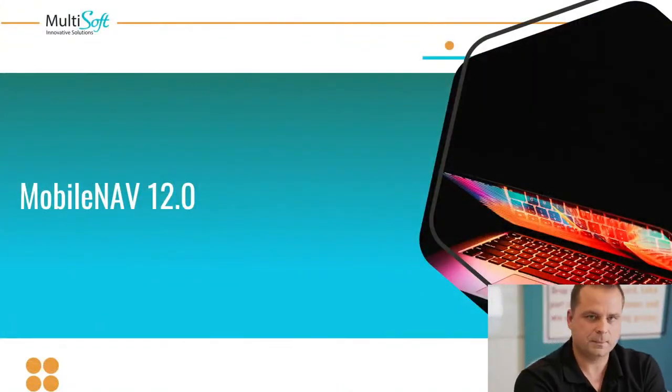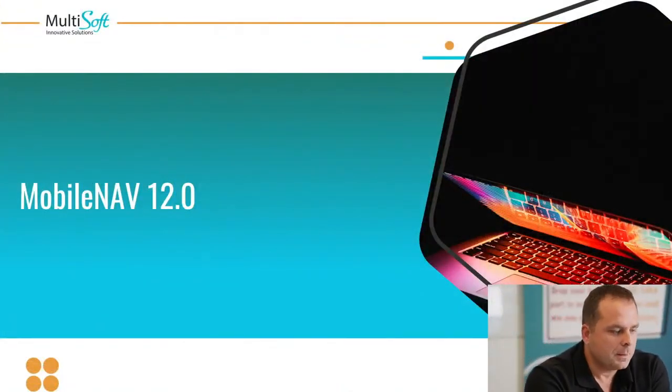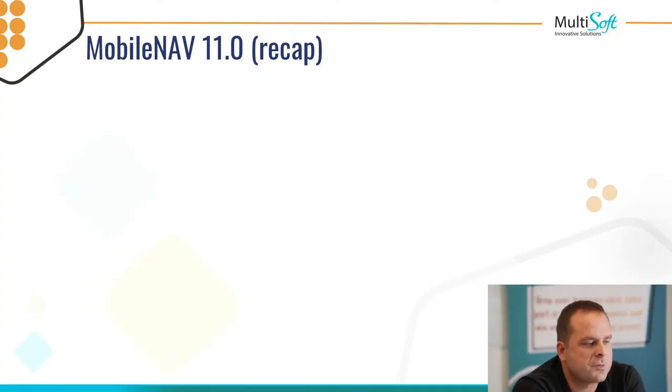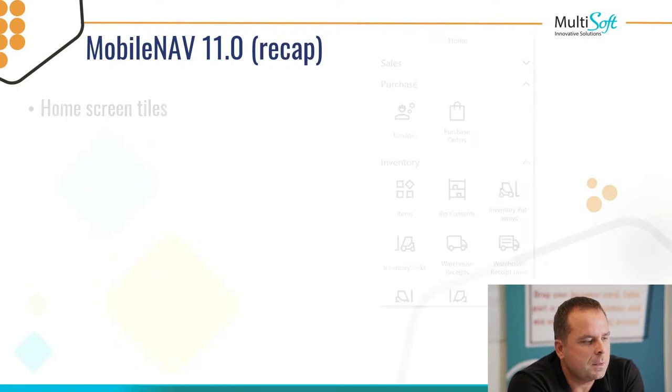Thanks, Berton, and hello everyone. As you may have got used to, I like to start my new release webinars with some kind of recap of the previous release, which was 11.0.